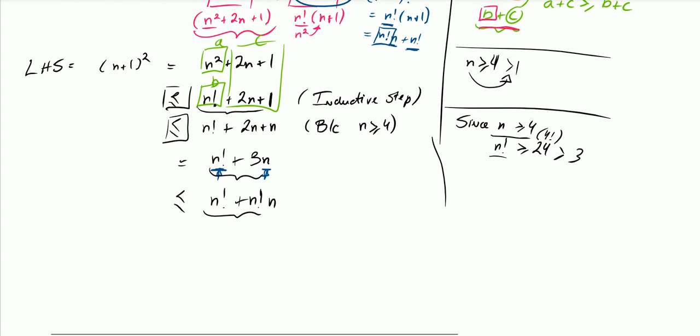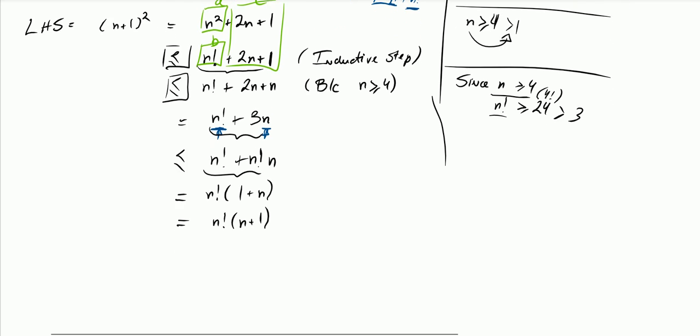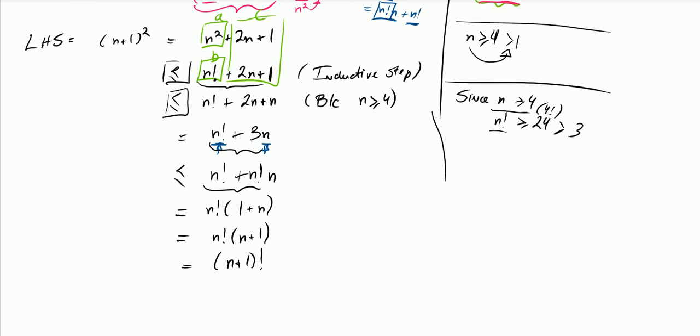Okay, and now I just need to do a bit of rearranging, so I can write n factorial as a common factor, 1 plus n. If you really want to be picky, I can write n factorial times n plus 1, and that by definition is equal to n plus 1 factorial. And so I've started with this guy, n plus 1 squared. I went through an equal, but now automatically I have a greater than or equal.